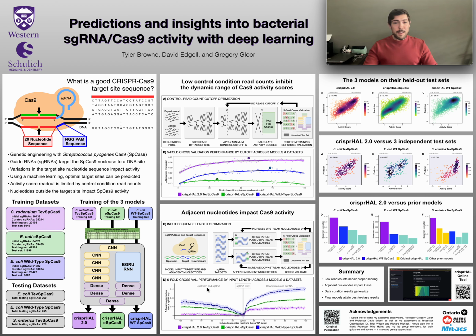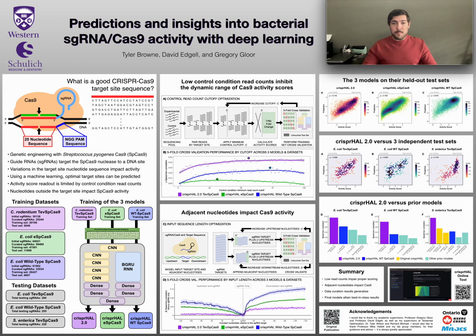What I found here was that model performance is pretty significantly impacted by these upstream and downstream nucleotides, especially for wild-type Cas9, where performance was increased by over 0.1 average Spearman correlation on the downstream side, and still also pretty strong on the upstream side, with less from TEV SpCas9 and ESpCas9 being kind of in the middle.